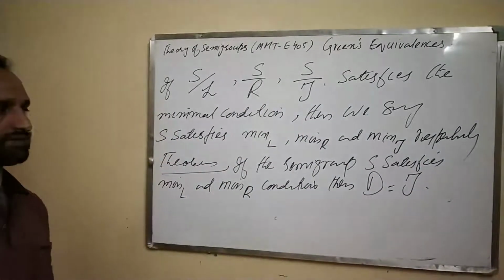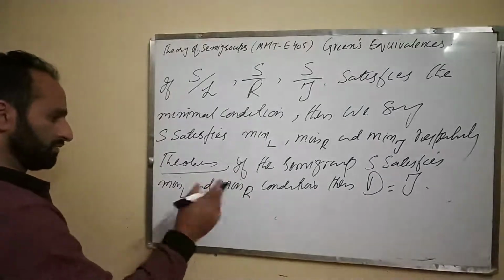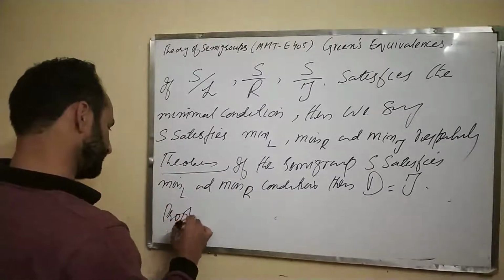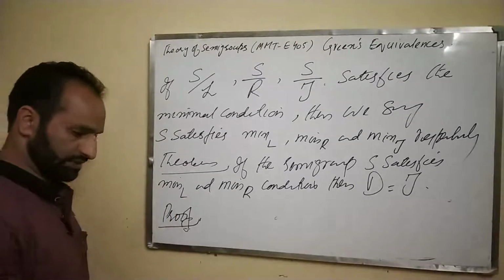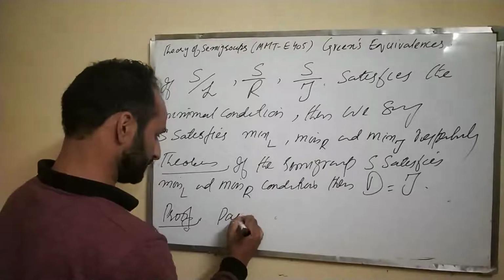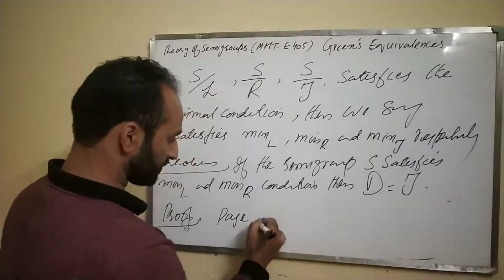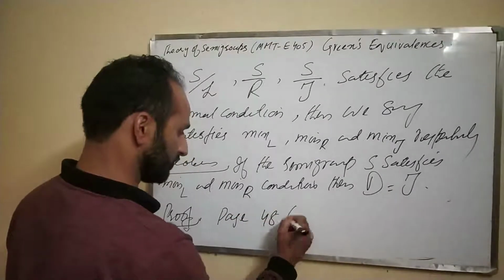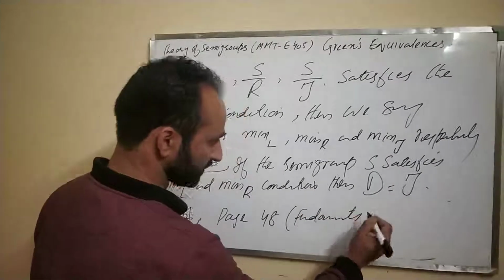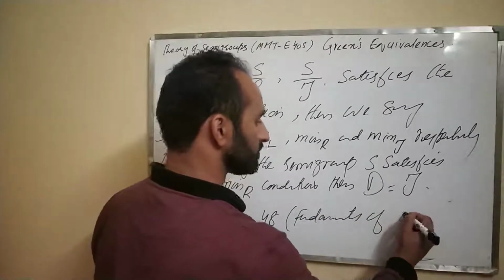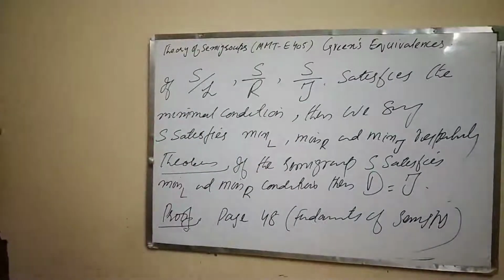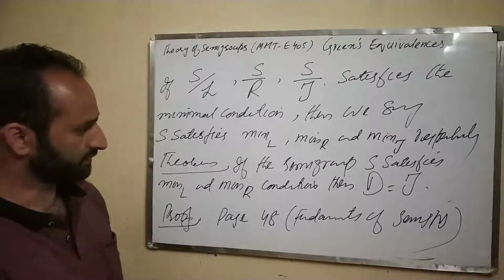D is the same as J. I will leave the proof for you, and you can see it at page number 48 of this Fundamentals of Semigroups. Okay, page number 48. It's very simple.